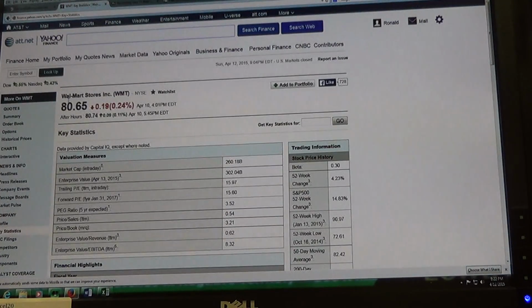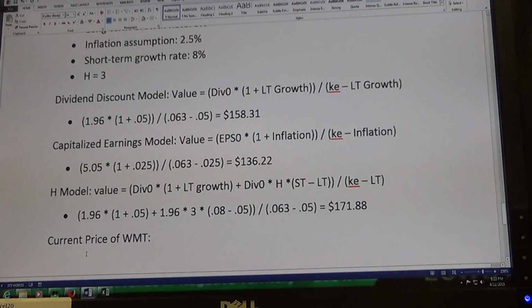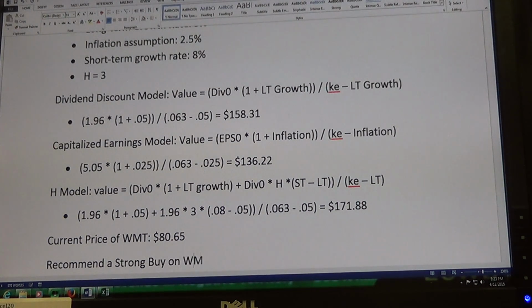So we look at Walmart, they're currently trading for $80.65. Then you put a recommendation in, a strong buy on Walmart, trading well below all three valuation models.